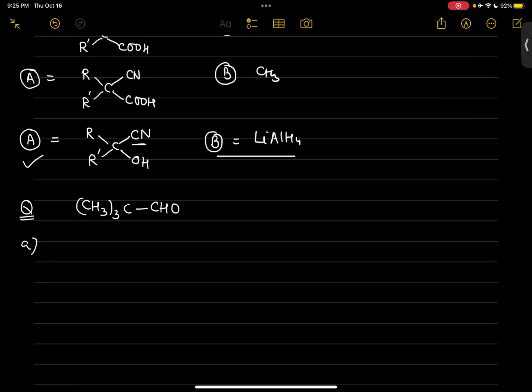One option is bulky tertiary butyl group. Absence of alpha hydrogen.